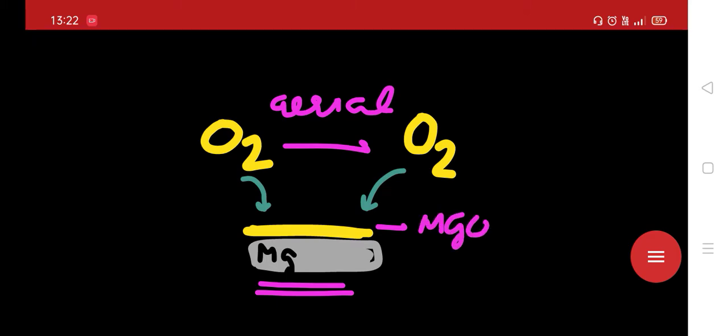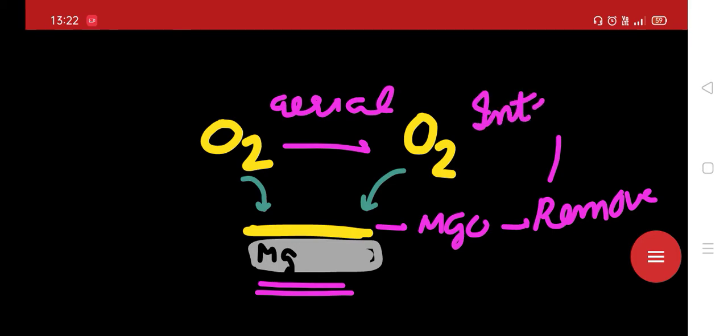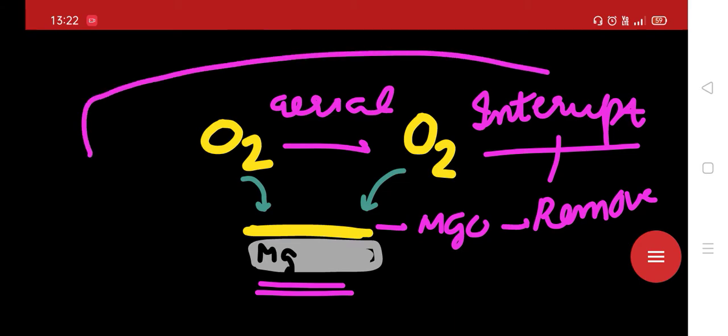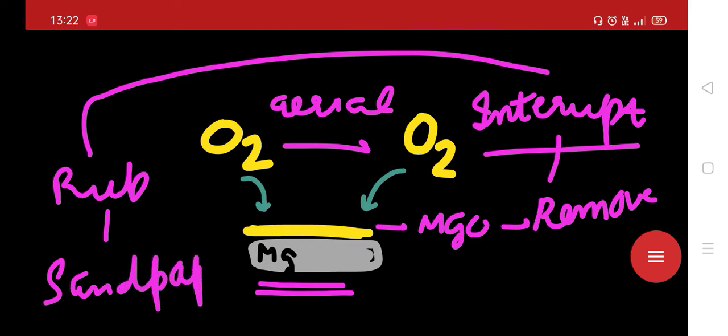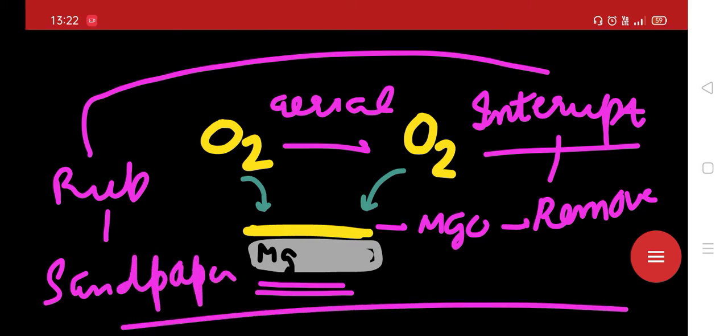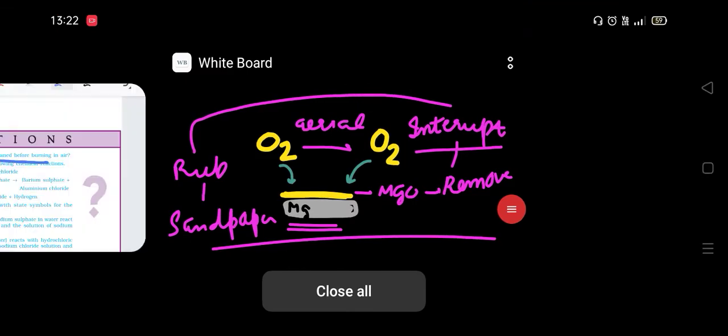We need to remove this magnesium oxide. Why? Because it can interrupt the reaction, so we remove it by rubbing with sandpaper. So this was all about the first question, hope you understand.